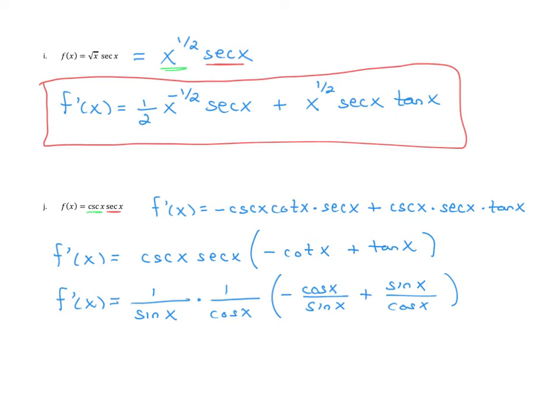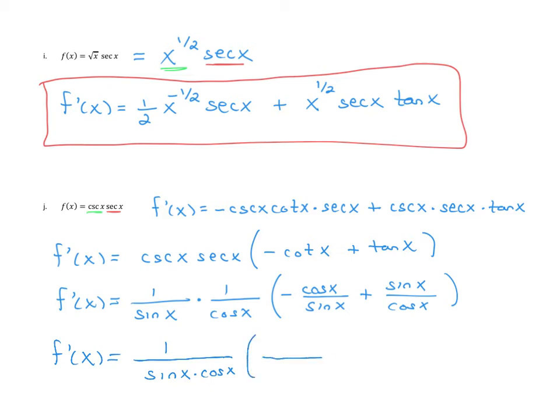Wow, where to go from here? I guess I'll get a common denominator and add these two fractions. So the common denominator would be sine times cosine. So I'll multiply a cosine in here and a sine in here. So we get f prime of x is equal to, I'll write this first fraction as just 1 divided by sine x times cosine x.